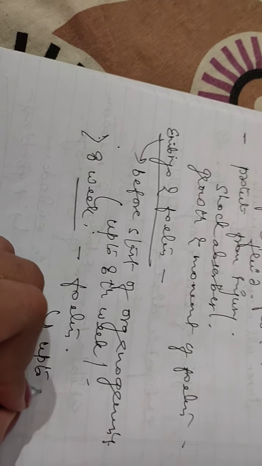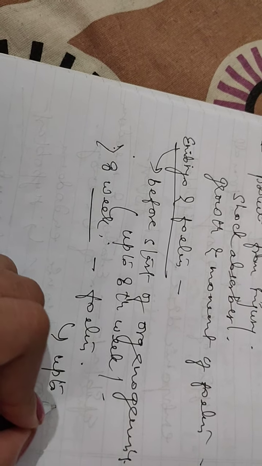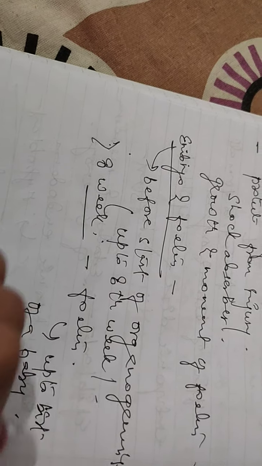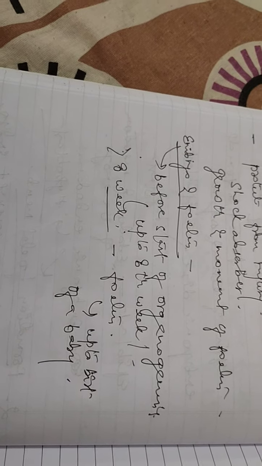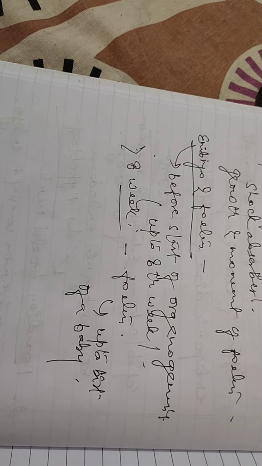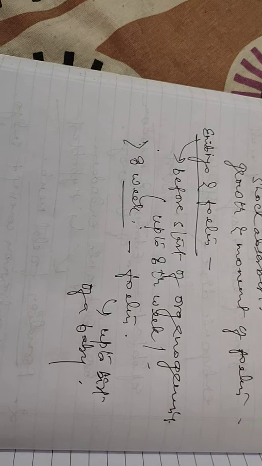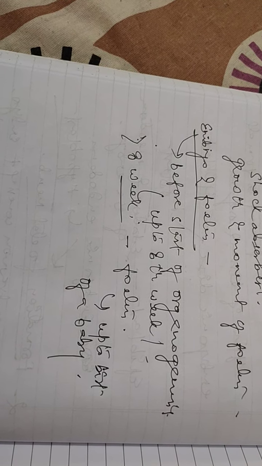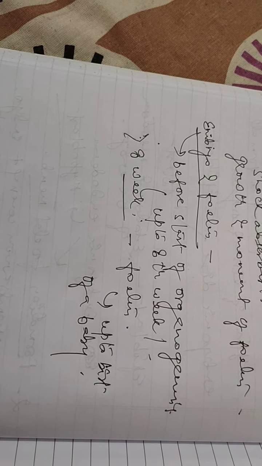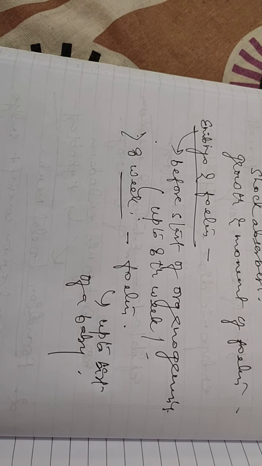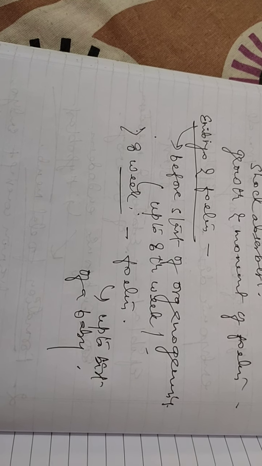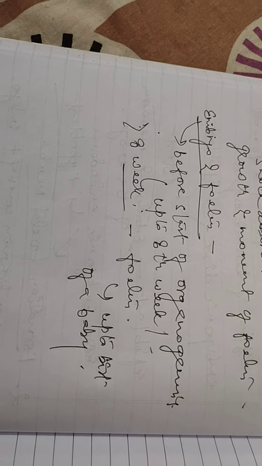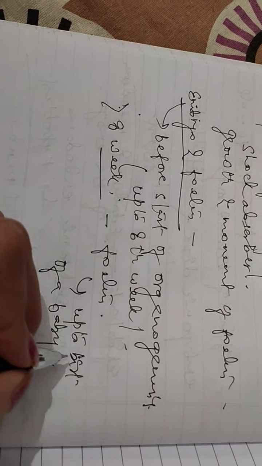So it is very important to know the meaning of embryo and fetus: before organogenesis up to 8 weeks it is called an embryo, and after organogenesis, moving beyond 8 weeks, it is called a fetus, up to the birth of a baby.